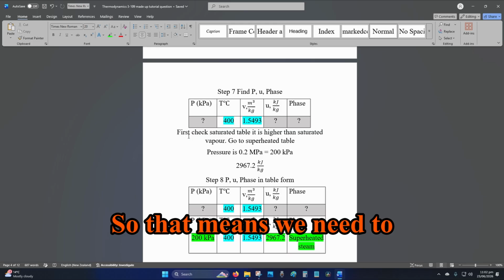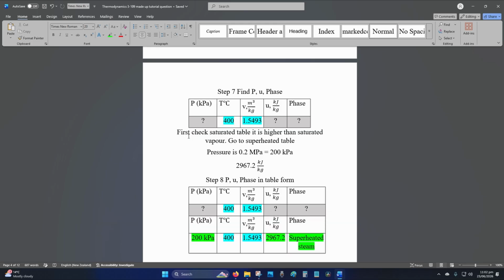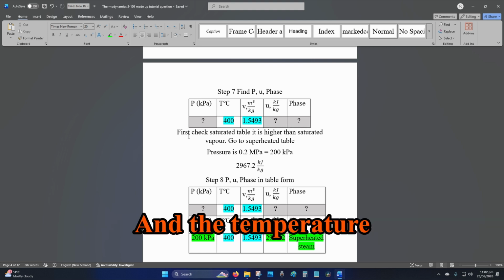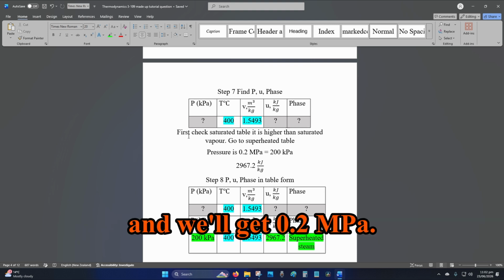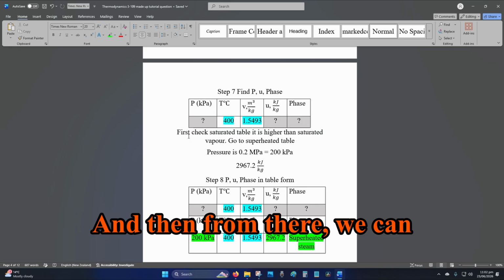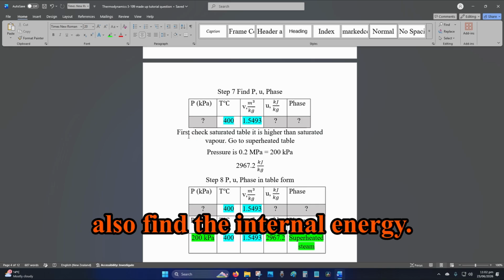So that means we need to go to the superheated table. So we line up the specific volume and the temperature, and we'll get 0.2 MPa. And then from there, we can also find the internal energy.